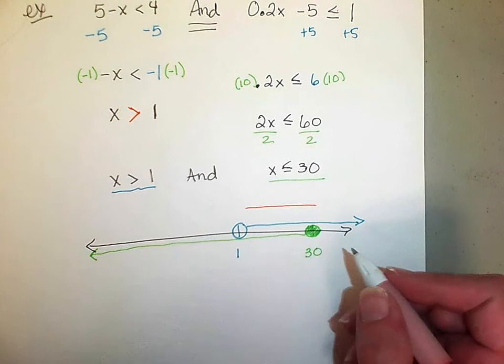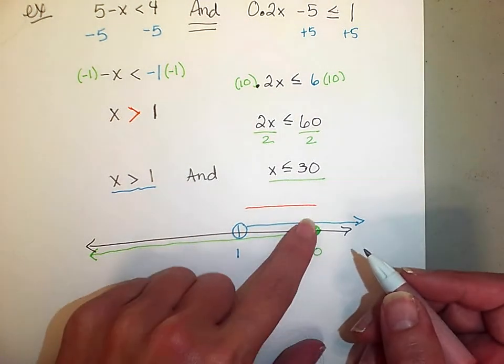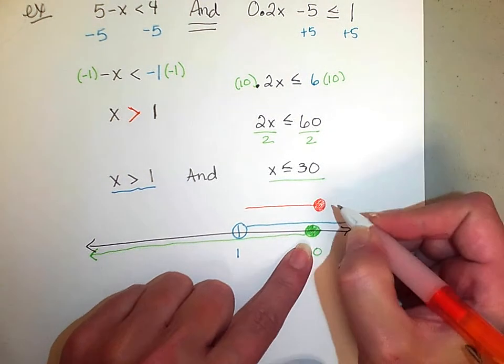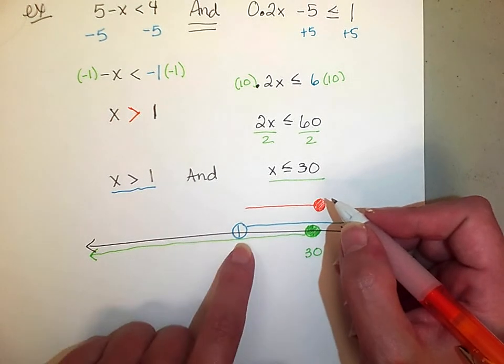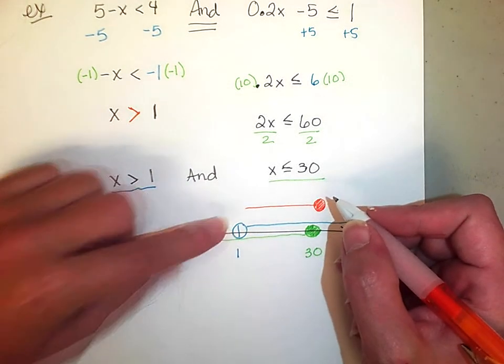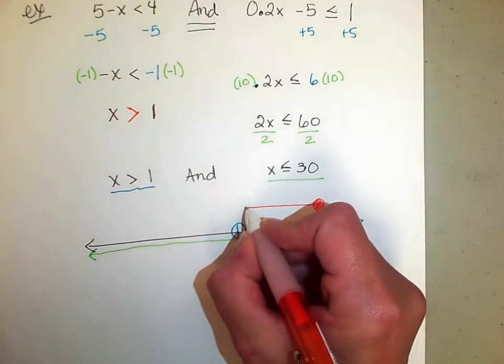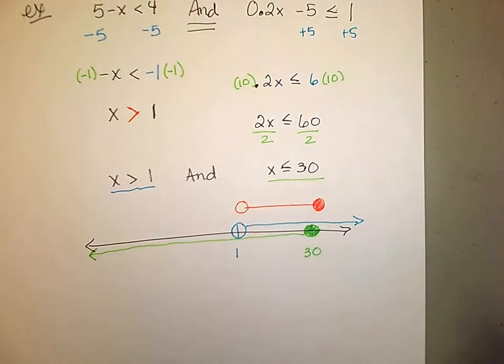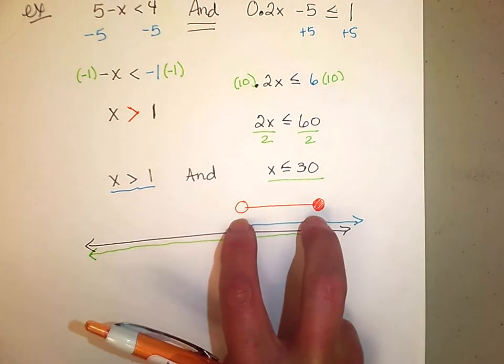And in fact, 30 agrees in both sets as well. So we can include that one. However, 1 is in this set, but not in that set. So it can't be in the intersection. It doesn't overlap.